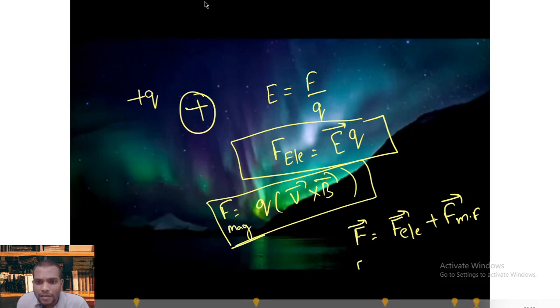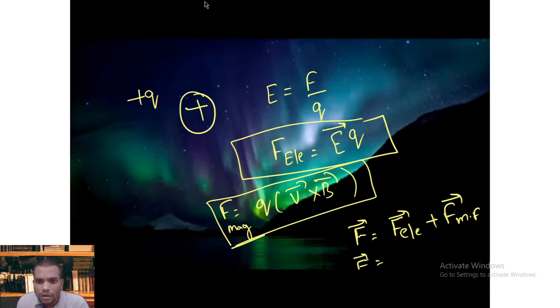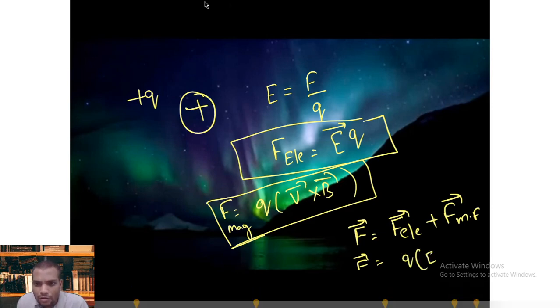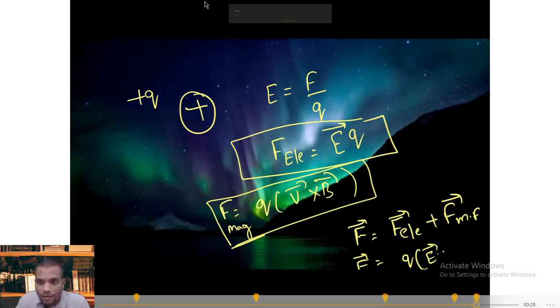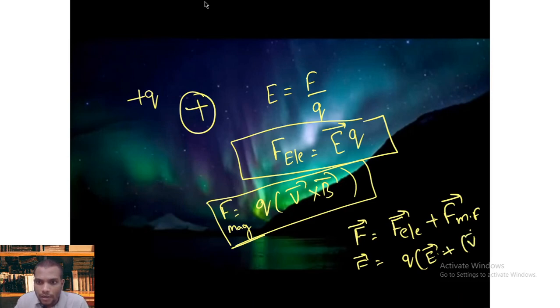If you combine these two forces, the force F equals q, the common factor, pulled out, times E bar plus v bar cross B bar.